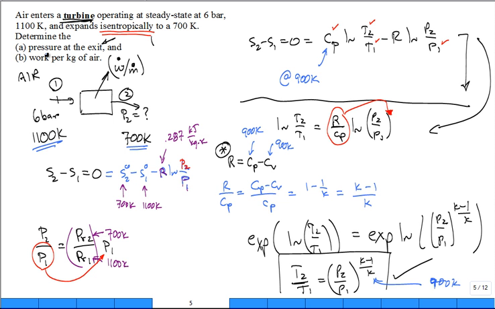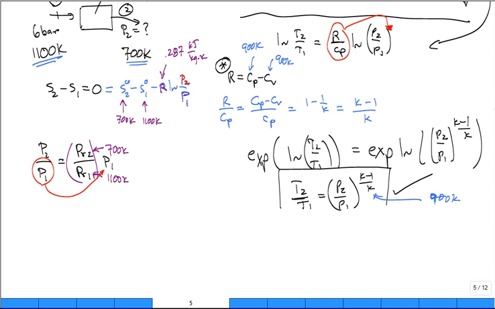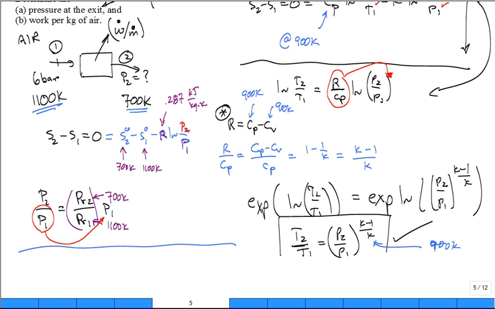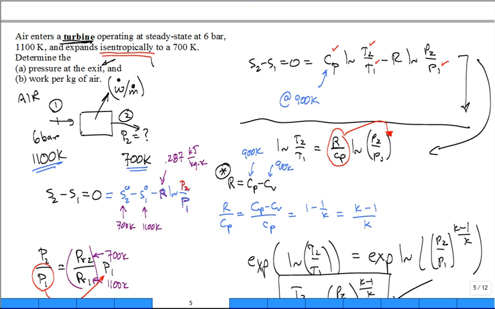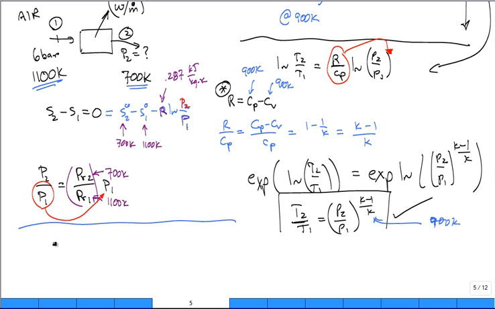Because when I do the first law for that, let me just write it down here: W dot over M dot is equal to H1 minus H2, and those H's are a function of temperature only, so that's 1100 Kelvin, and this one is 700 Kelvin.